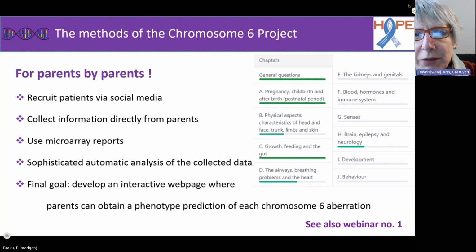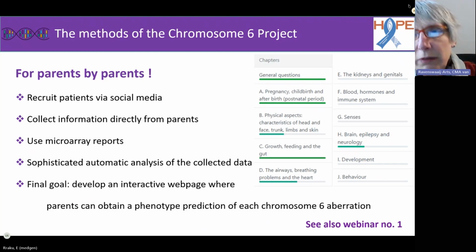It indeed is a project for parents by parents. We recruit parents via social media. We ask parents to fill out a questionnaire about the health issues of their child. We also ask them to upload an array report so that we know exactly what chromosome 6 aberration is present in the child. By collecting all this information, we can give back information to parents, and that is done by an automatic analysis system that we have explained to you before.